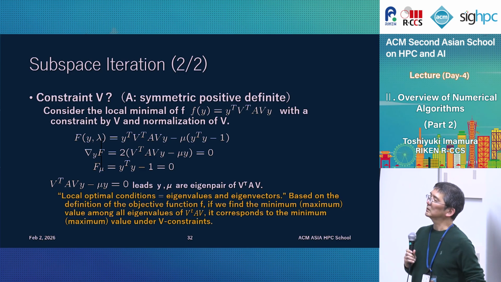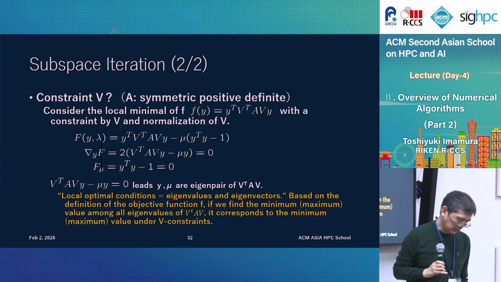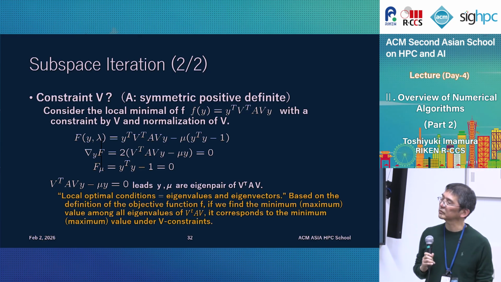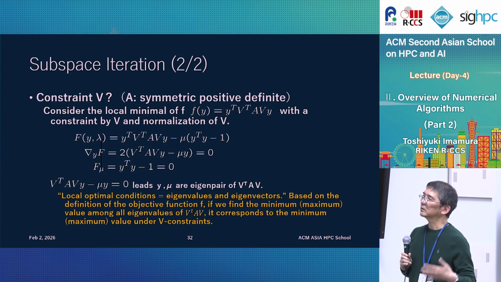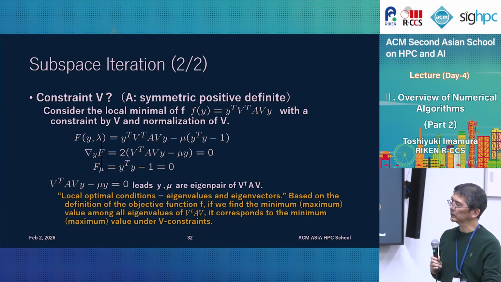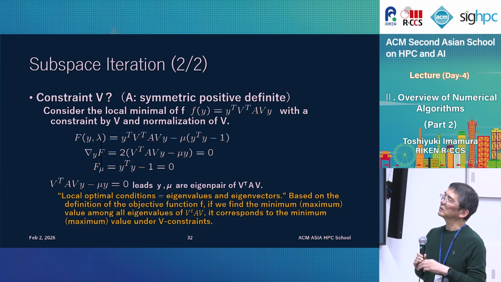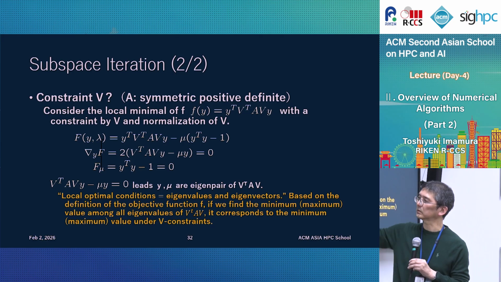So this is always equivalent or associated with Rayleigh's projected problems. If we compute the projected problem and then solve the eigenvalue problem, it is equivalent to the local minimum of the minimization.